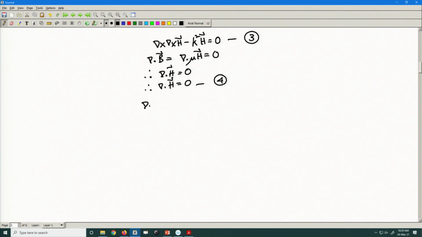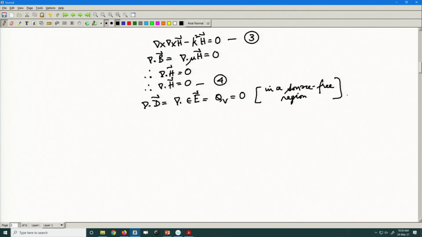Also, divergence of D is divergence of epsilon E, that is equal to q v, the charge enclosed, and that is equal to 0 because we are in a source free region.